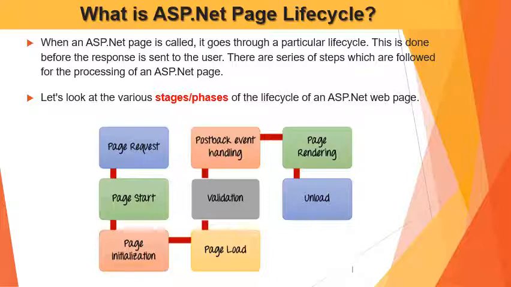Now the events are fired first on the page and then recursively on every object in the control tree. The following is a detailed description of each of the phases of the components in the life cycle of the web form.